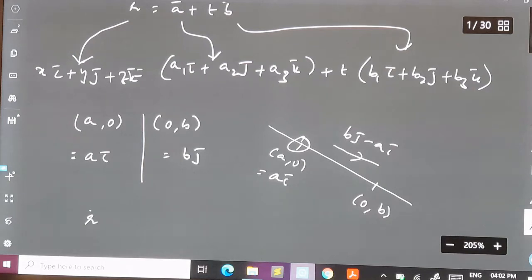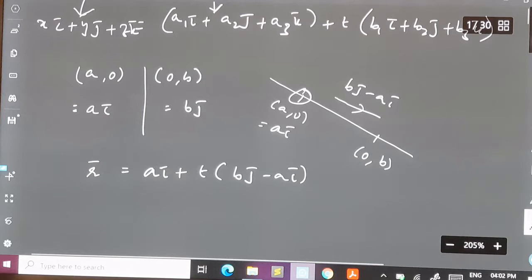Then the equation to the line is nothing but r bar is equal to point plus t into vector along the line, b j bar minus a i bar. Or rearranging the things over here, I will get (a minus t a) i bar plus t b j bar.